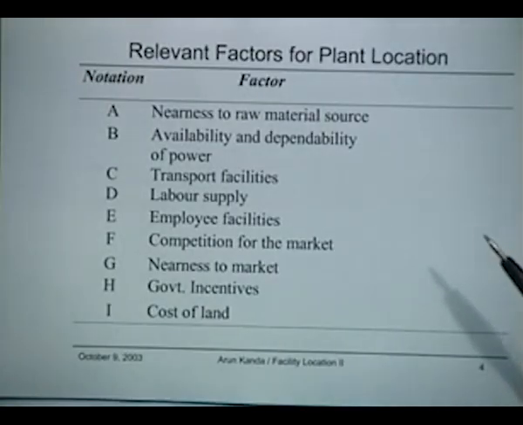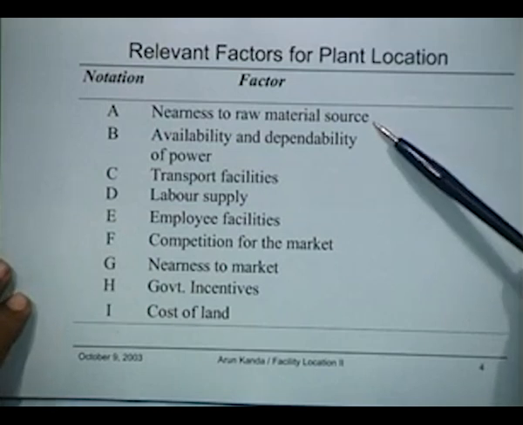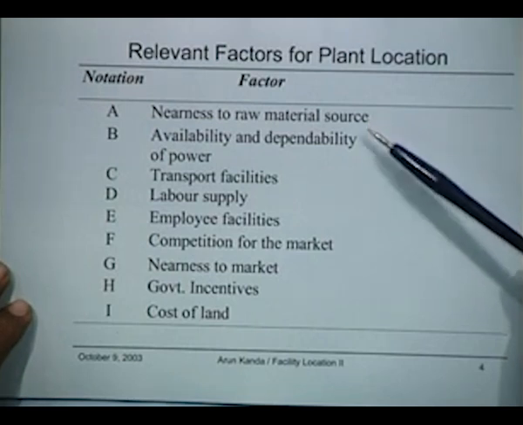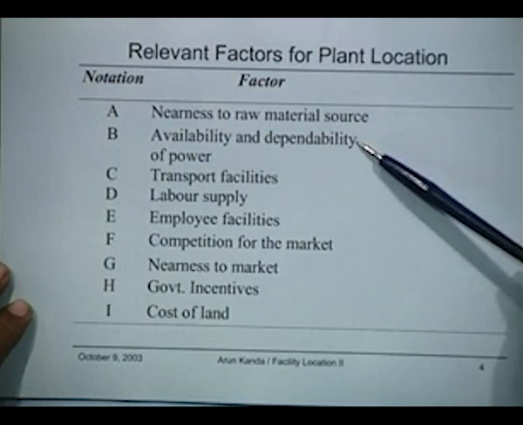And after a series of discussions with the management, it was found that the factors that need to be considered are: A, nearness to raw material source. Obviously, the nearer you are to the raw material source, it would cut down on costs of transportation, and it would also be easy to get your raw materials. The second factor that was considered important was availability and dependability of power.